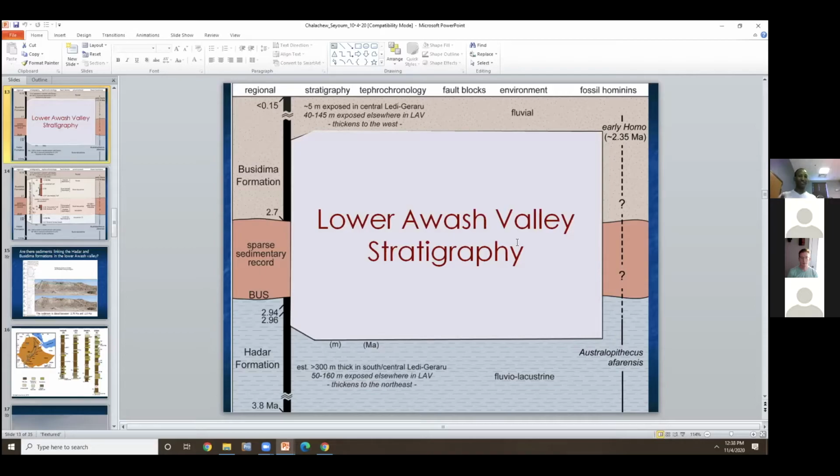On all of these sites, they are missing one part of the sediment. There is poor preservation, dated to a gap between 2.95 and 2.7 million years ago, where there was a disconformity. That means no sedimentation took place during that time period, which means there is no fossilization, and so we don't find any fossils. As you can see here, the Busidima Formation is younger than 2.7 million, and here is 2.95 million, older than that.